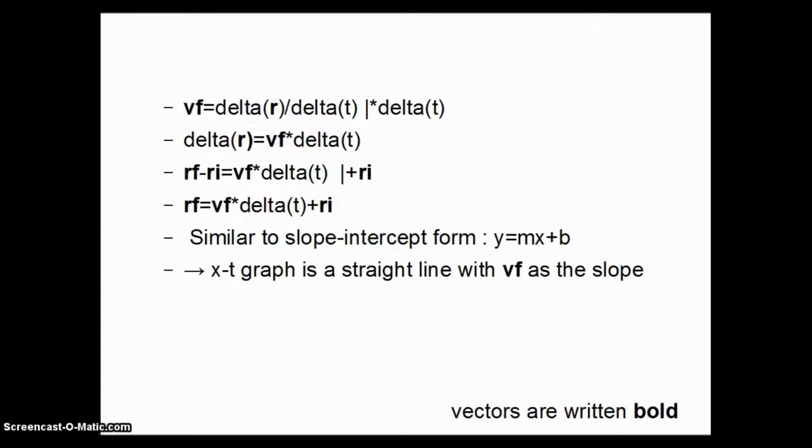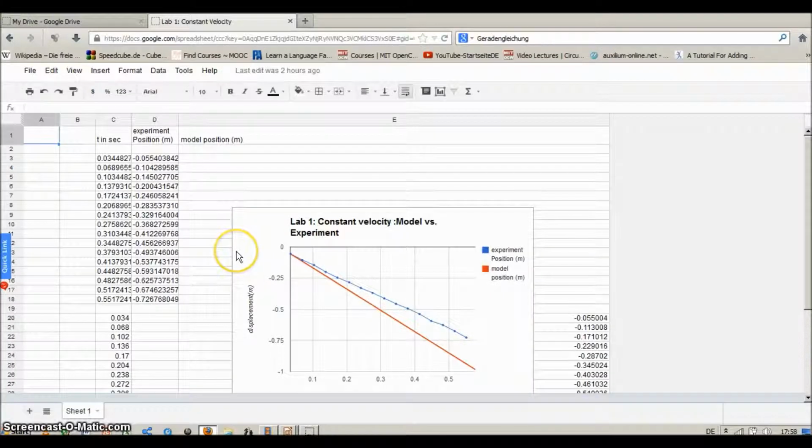When we are now adding Ri, we'll get Rf is equal to Vf times delta t plus Ri. This looks similar to the slope-intercept form of a straight line, y is equal to mx plus b. So our displacement time graph is a straight line with Vf as the slope. So both of the graphs describe a motion with constant velocity.